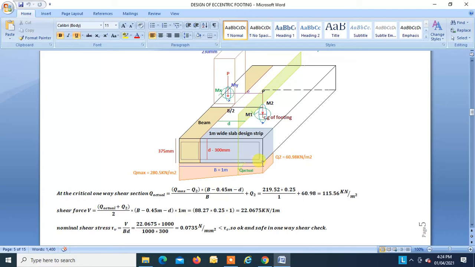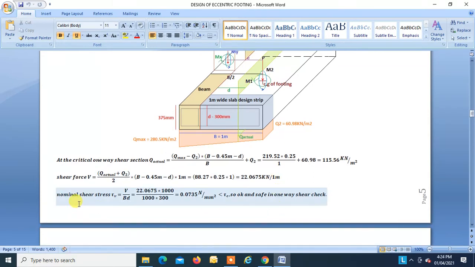This distance we know, it is total B minus 450 minus d, because now d is known to us. So this gives us the shear force of 22.0675 kilonewton per 1 meter.